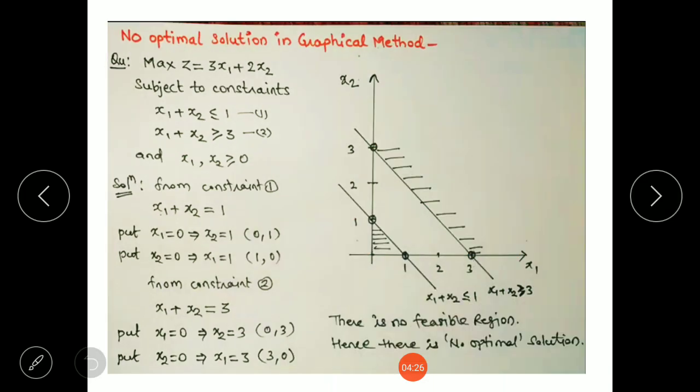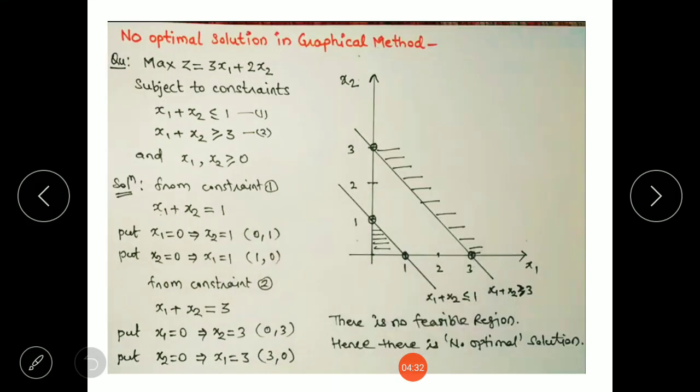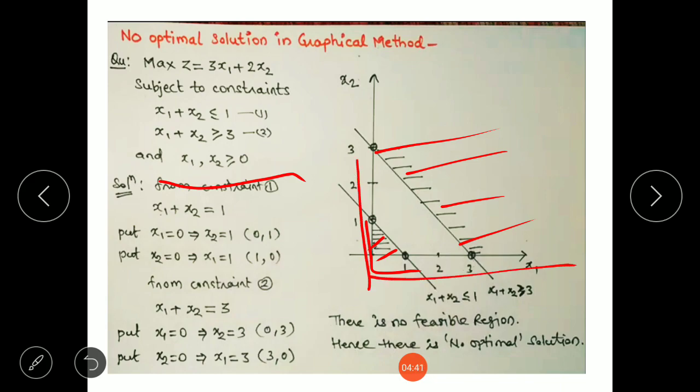Now these are the two regions. This is one region and this is another region. This region is only up to this point because we know x1 and x2 are greater than or equal to 0. So we are getting two shaded areas which are not overlapping.